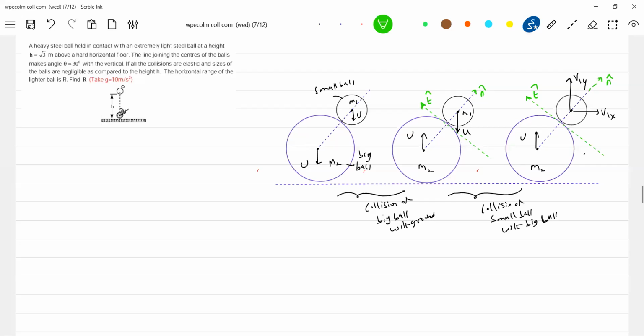Horizontal range of the lighter ball is asked. I think horizontal range you can find out if you know V1y and V1x. Let the mass of this be M1. If all the collisions are elastic and sizes of the balls are negligible as compared to height h. So what is U? U, we know it very well.